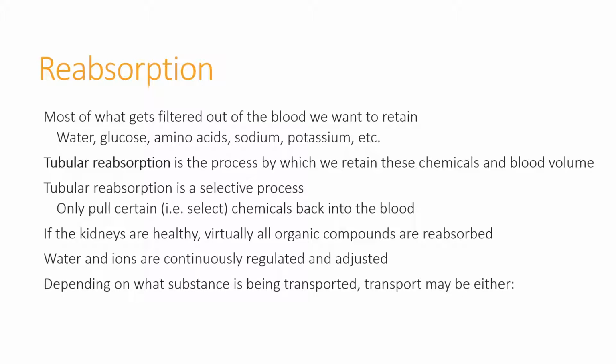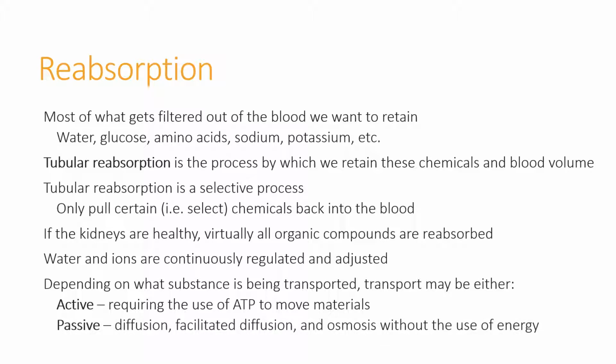Depending on what substance is being transported, transport may either be active, that means requiring the use of ATP to move materials up or against their concentration gradient, or passive, using diffusion, facilitated diffusion, and osmosis to allow molecules to move back into the blood without the use of energy, moving down their concentration gradients.